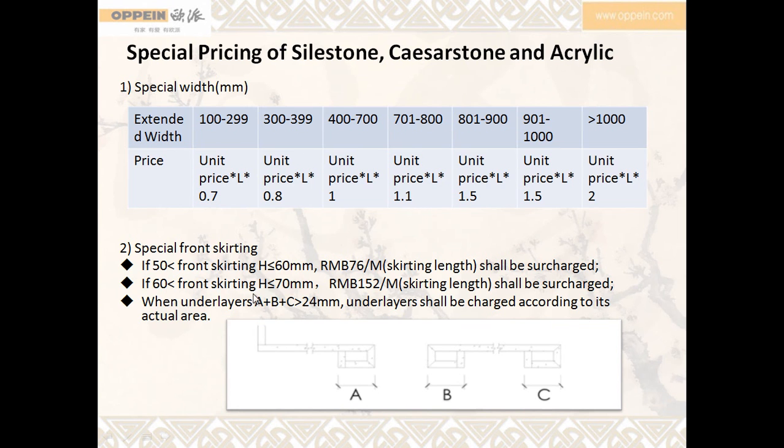If front skirting H is more than 60 but no more than 70 millimeters, then 152 RMB per meter shall be surcharged. When underlayers A plus B plus C is more than 24 millimeters, underlayers shall be charged according to their actual area. Here A, B, and C.